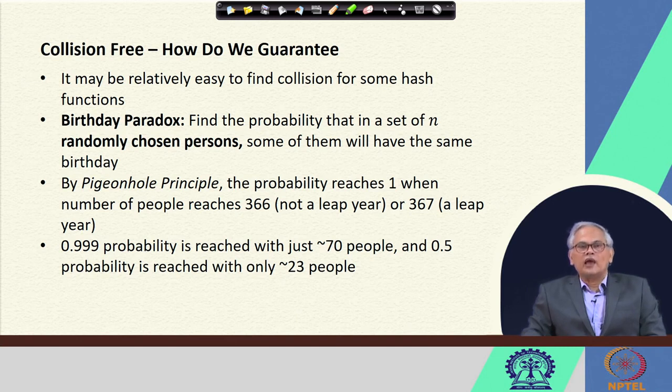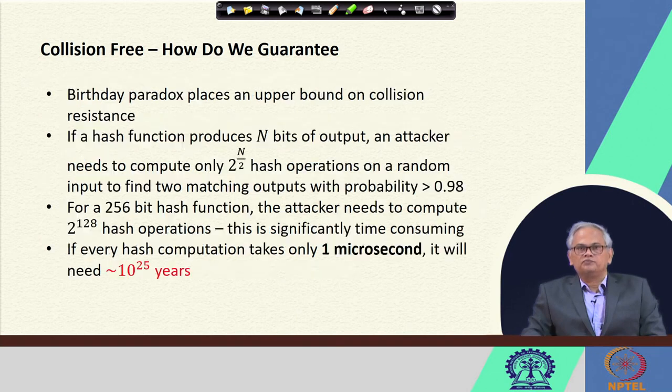That means, although it might appear that the number of persons you would need to reach a very high probability is large, it is not actually so. Even for a smaller number of people, you could reach that probability very quickly. Of course, the birthday paradox places an upper bound on collision resistance.